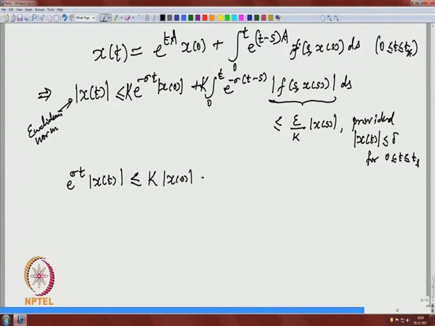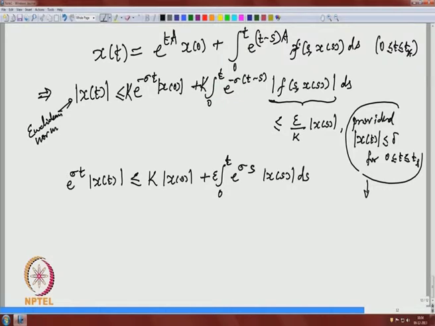So, I take that e to the sigma t to the other side. What I am left with is just e to the sigma s, there is an epsilon here, mod x s ds. So, this is valid provided this.